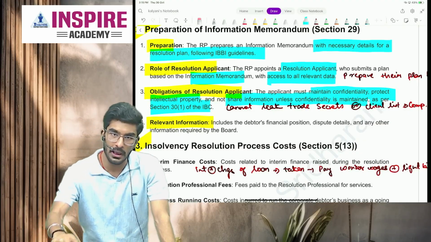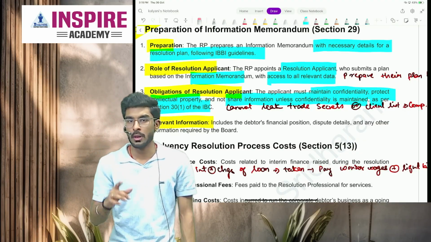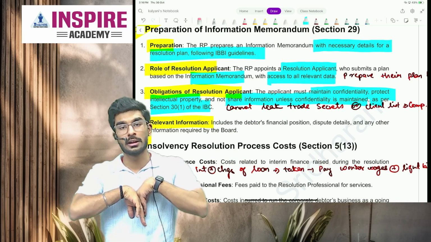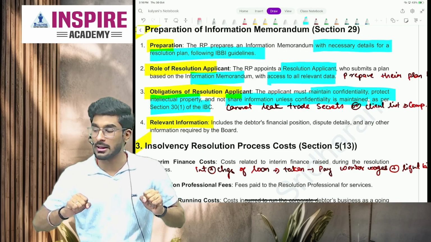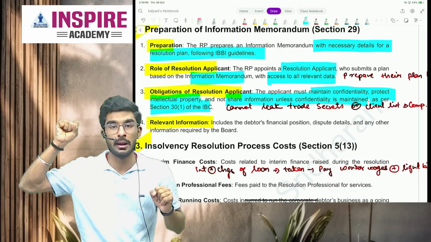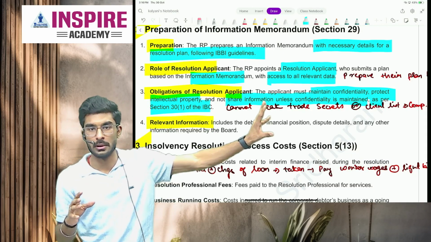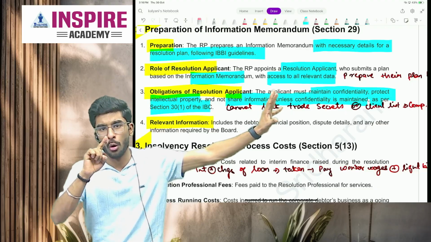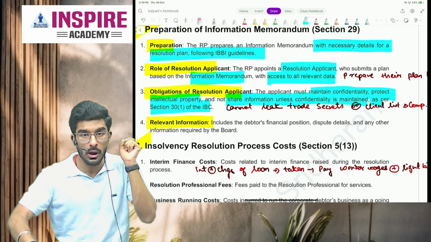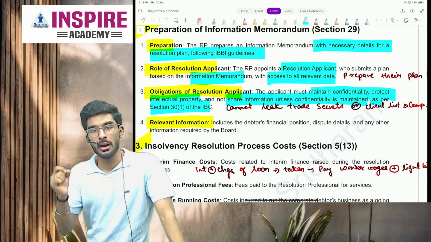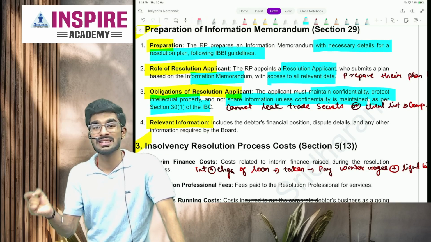So people, based on your information memorandum, the resolution applicant, say the Piramal group, cannot take away the trade secrets and the client list of DHFL and then sell it for money. Not allowed, people. So the RA, resolution applicant, shall not sell trade secrets.